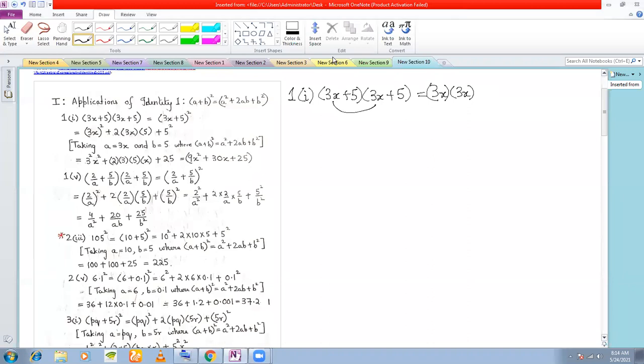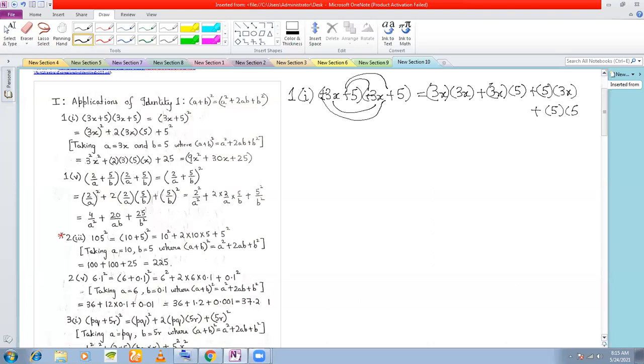And then, there's a plus sign here, the plus sign here. So this plus combines with this plus sign to give you a plus sign. Then 3x into 5. Then these two plus signs combine to give you a 5 into 3x. And then plus, then these two plus signs combine to give you a 5 into 5.